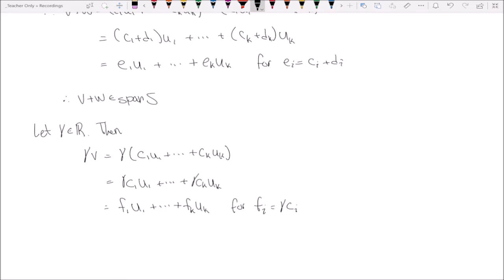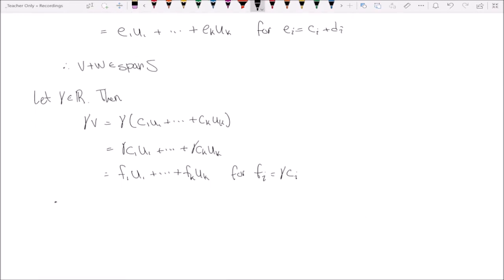And again, this is clearly a linear combination of the vectors in S. And so gamma V is also in the span of S.